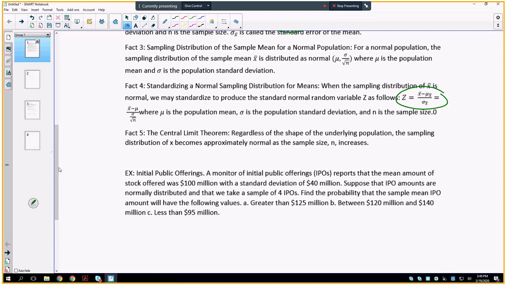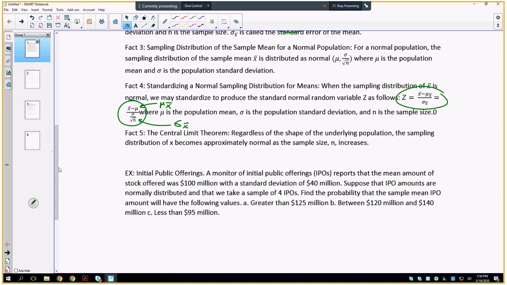We subtract the mean of the sampling distribution of the sample mean, which is mu sub x bar, and we divide by the standard deviation of the sampling distribution of the sample mean, sigma sub x bar. Or here, we know that mu sub x bar is just the population mean mu, and we know that sigma sub x bar is the population standard deviation sigma divided by the square root of the sample size.